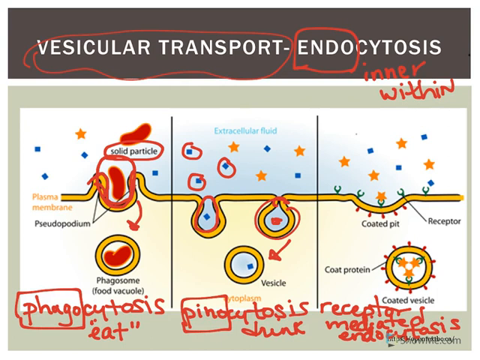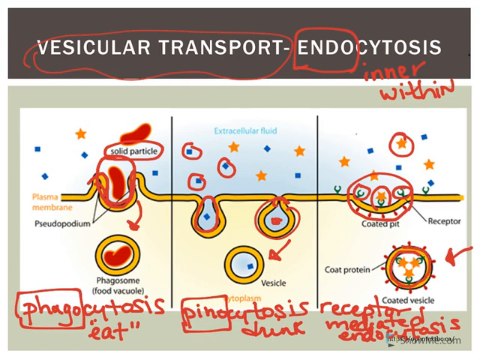They must bind to a receptor. So you see the receptor here. That receptor is going to be specific for a particular molecule, and that substance will bind to it. You see here, it likes to bind with a star-shaped substance. And then it again invaginates, and you see this little vesicle, and then you have the substances that would have been engulfed in here.